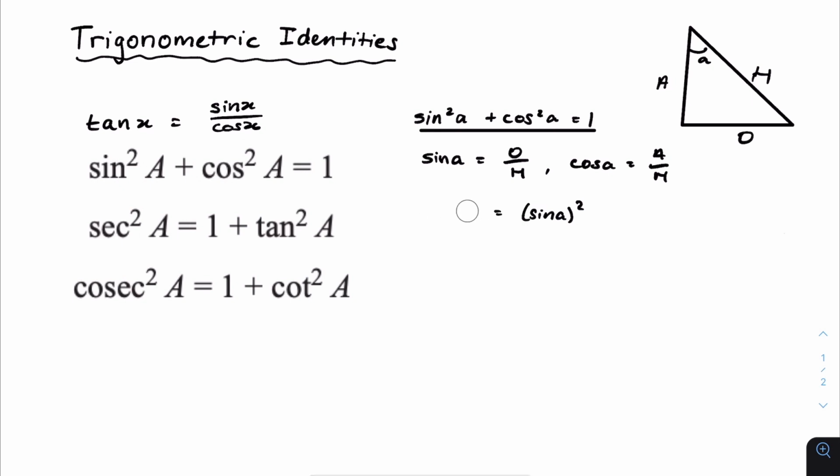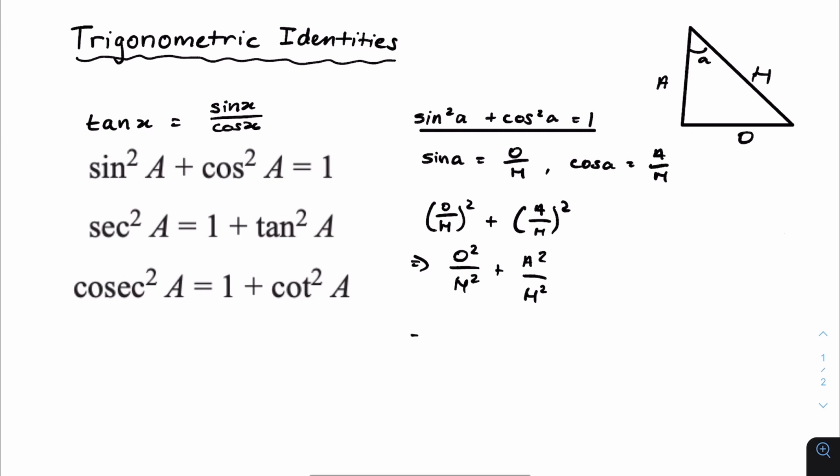It can be a bit confusing if you didn't already know that. So this means that we're substituting O over h squared plus a over h squared. And if we simplify this down, we get O squared over h squared plus a squared over h squared. And this becomes O squared plus a squared over h squared.